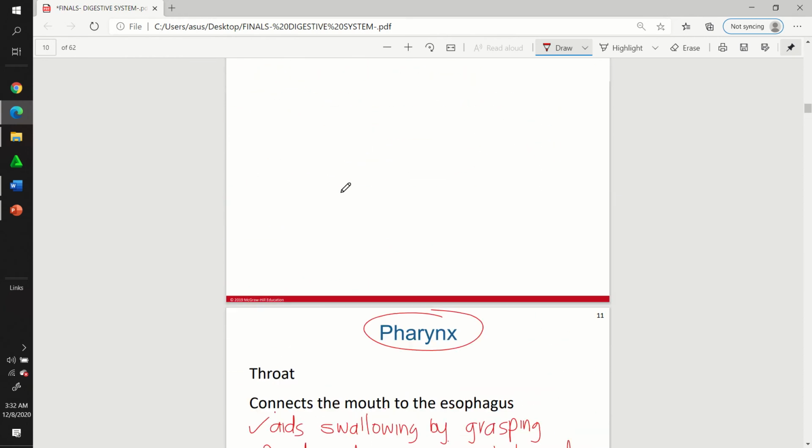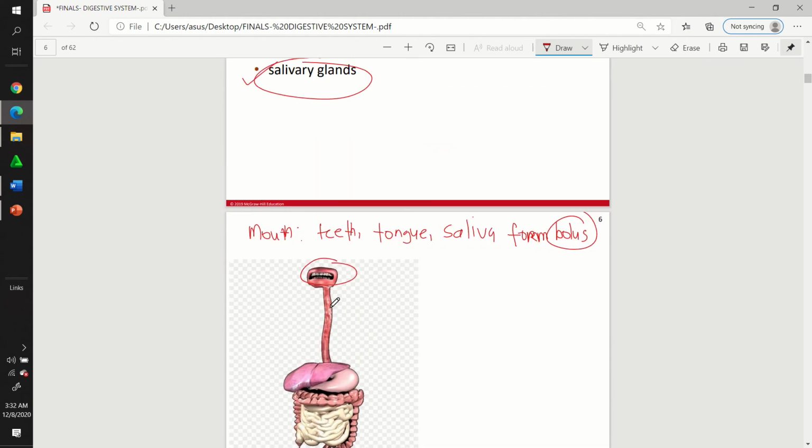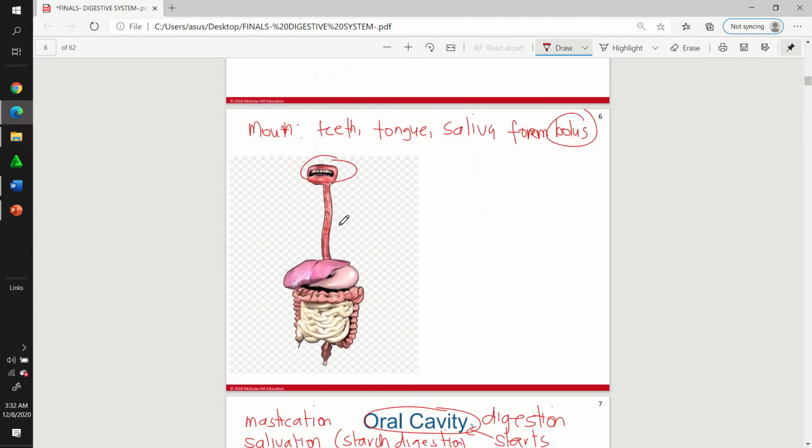So the food is now propelled through your esophagus, aided by the pharynx. So it starts in the mouth, and then the pharynx grasps the food to be propelled to the esophagus.